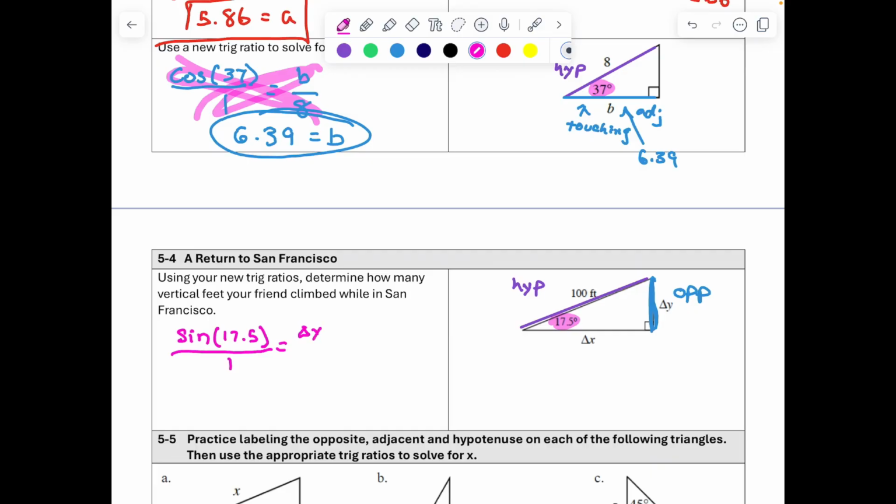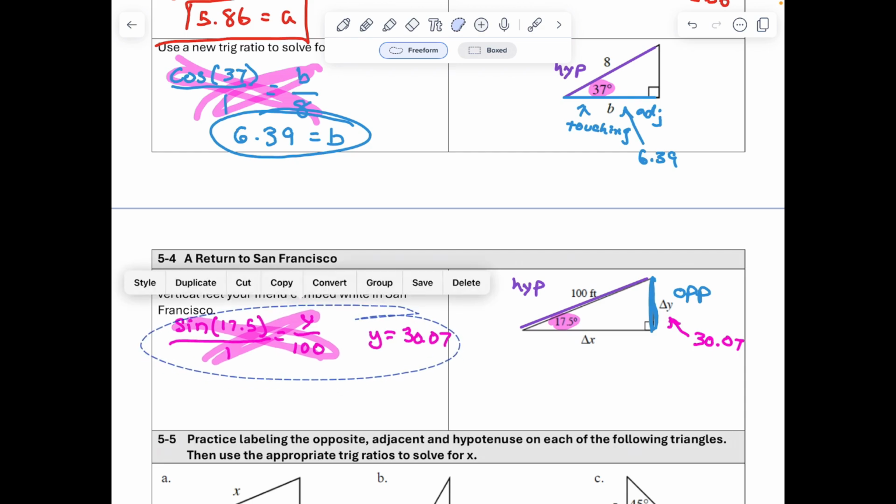So the change in y, let's just call it y, over 100. Then we can cross multiply so that y equals, and let me type this into my calculator, 30.07. So that is 30.07.